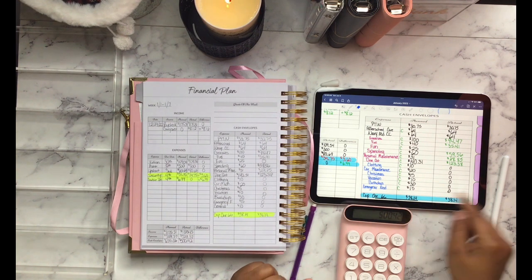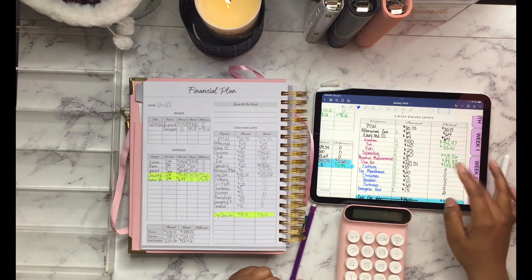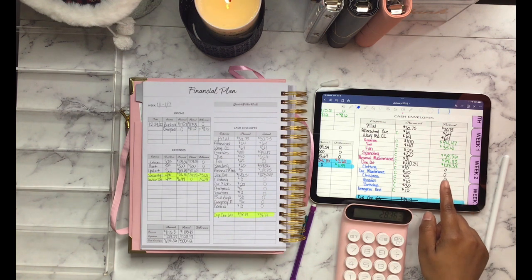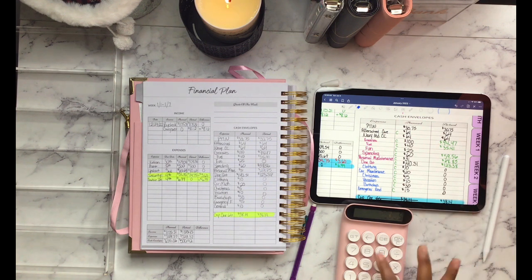And just to double check, I'm going to redo it, but over here. So we have 30.75, 64, 64, 94.47, 35.41, 59.56, 28.85, 123.38, $500.42.